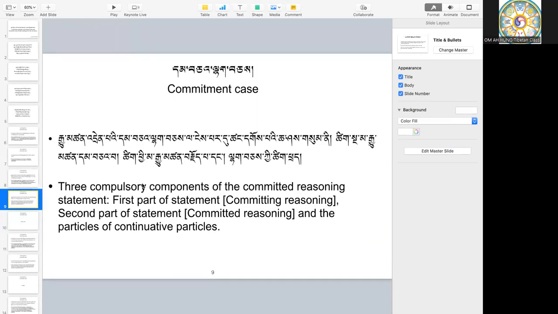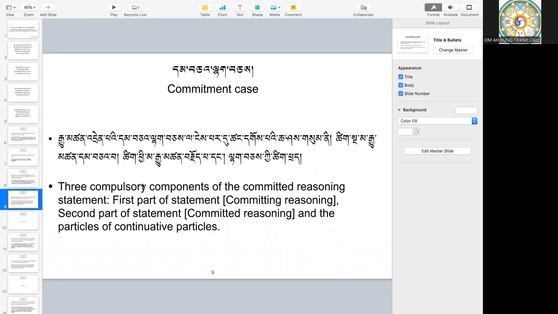Three compulsory components of the committed reasoning statement. First part of the statement, committing reasoning. So the first part is a claim, meaning a general statement that is like a claim, which is committing to provide a reasoning.